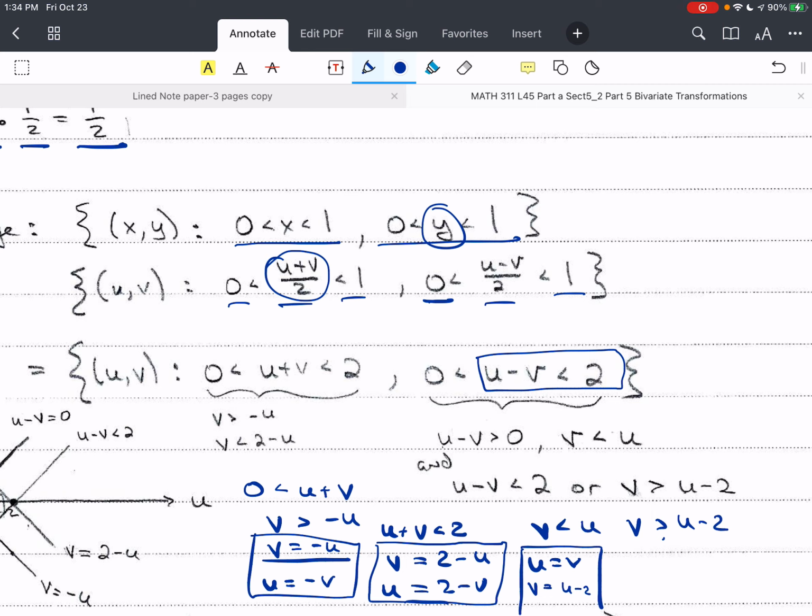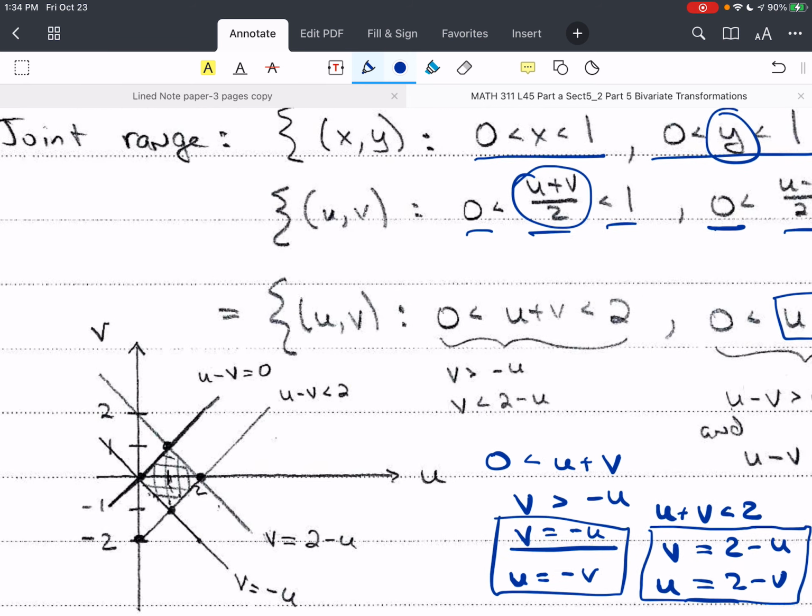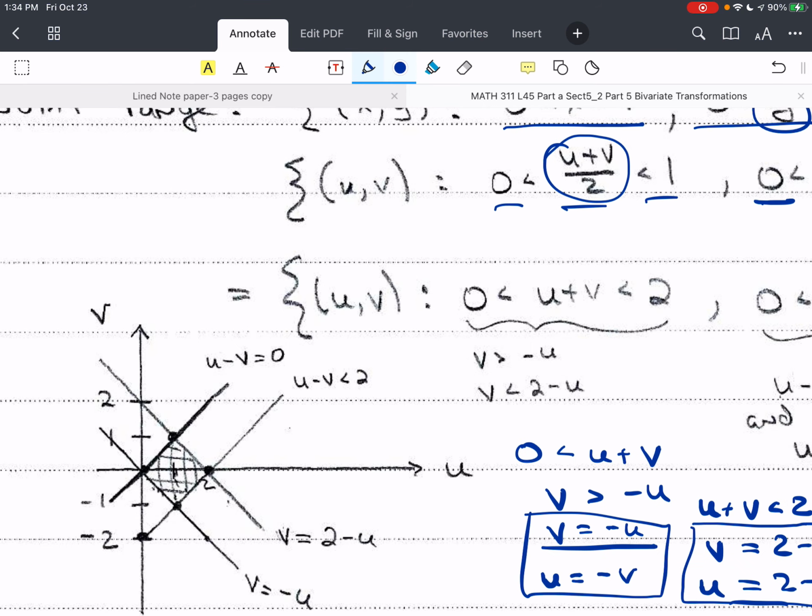So I have those lines, and I could solve it for u as well. So now I have taken each of the 4 lines that I end up with, and instead of a less than, I say equal to. So this can be rewritten as u equals v.